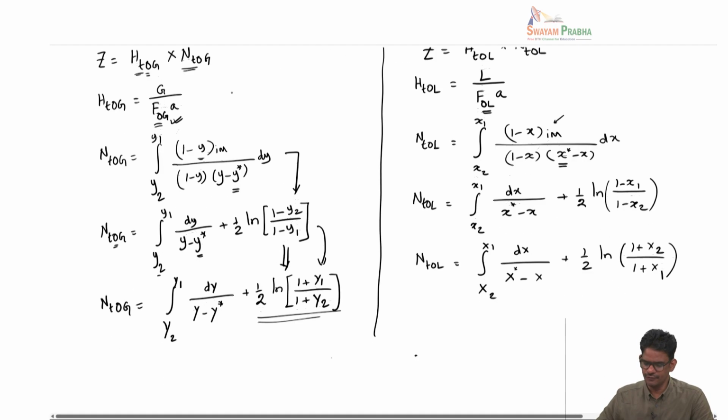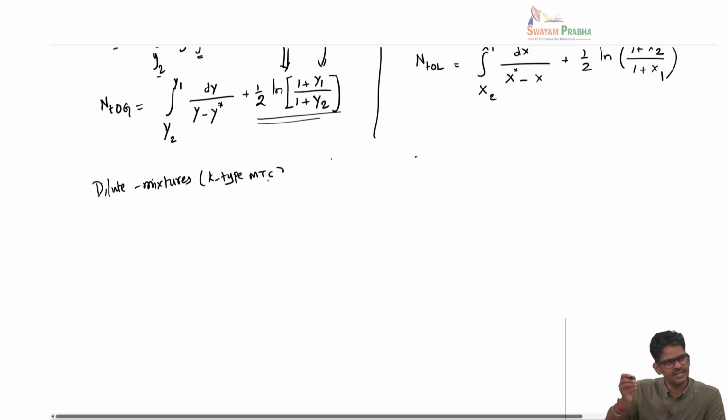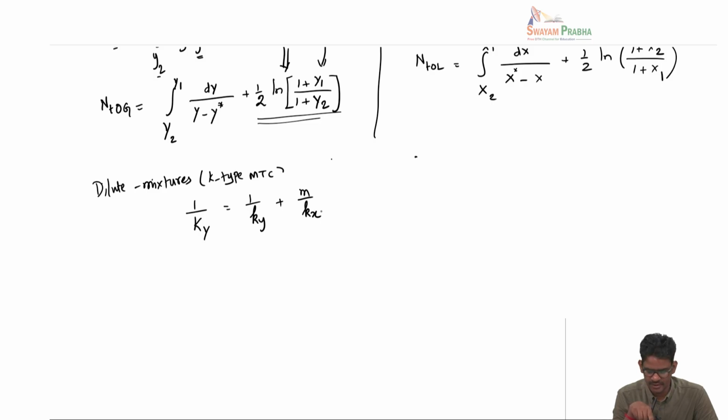Okay, so if you remember, when we used dilute mixtures, using K-type MTCs, we showed that if the equilibrium line is straight, I can write the overall coefficients using the local coefficients. You may recall this, right? We wrote that 1 by capital Ky is equal to 1 by small ky plus m times kx.